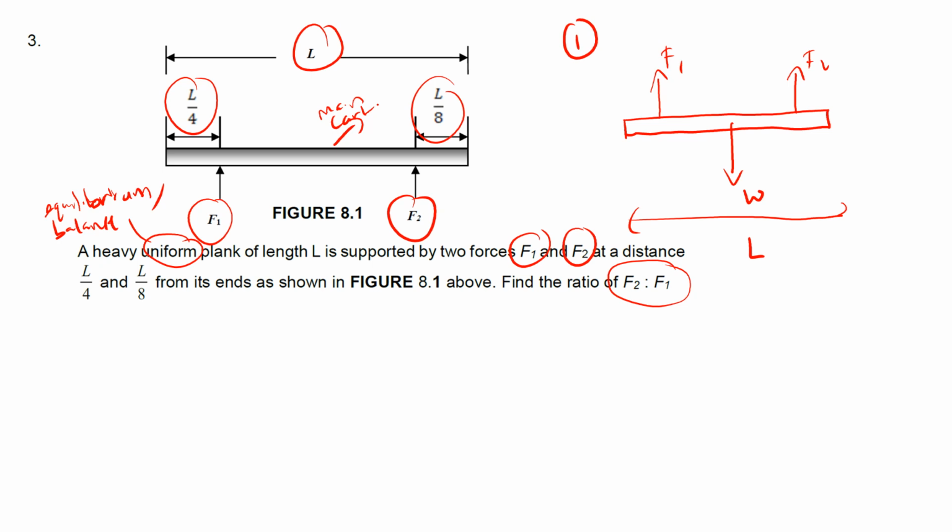And then number 2, we need to determine the pivot. I put my pivot here, at the center. So we need to find the distance between the pivot and here.